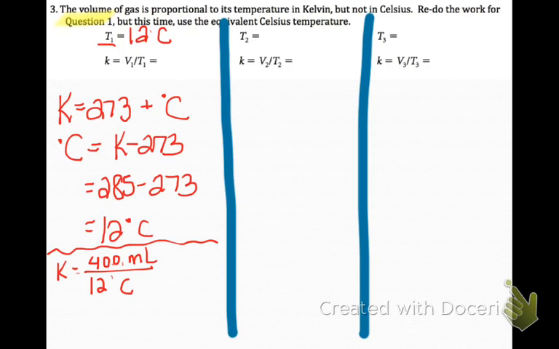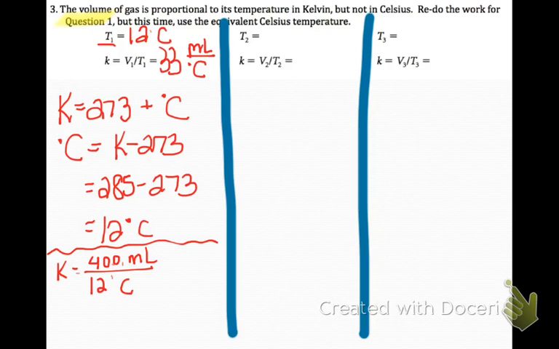So when I plug this in, this should be equal to 33, and I'll put in those units, milliliters over degrees Celsius. So if this is correct, my K should be the same for each one of these. And so I'll double check.